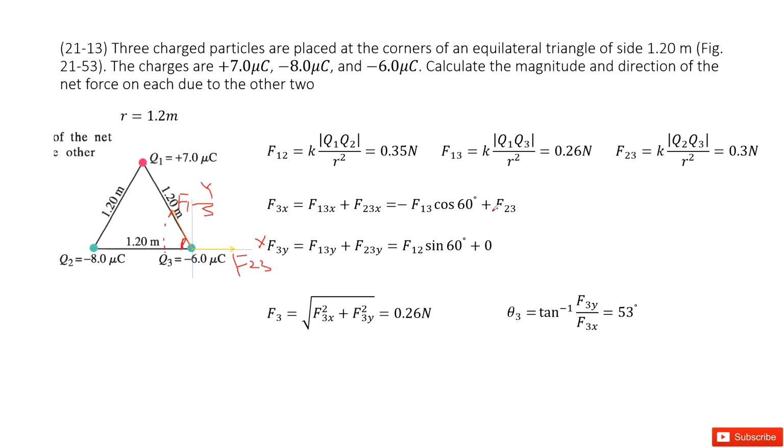And F23 is just pointing in the positive X direction. And also we look at the Y component. We project F13 onto the Y component as F13 sine 60 degrees plus 0. Then we can get the magnitude of the net force F3 in this equation, and also the angle of F3 as the arctangent of F3Y over F3X. The answer is there. Thank you.